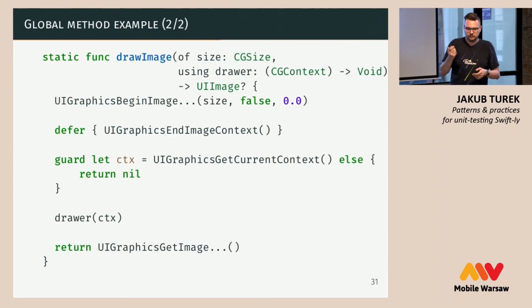To implement that helper, you need to resort to a lot of global UIKit methods, which are this and this and this very long method name that I couldn't even fit in the slide inside. And those, you cannot do anything about that. You cannot stop it, because it is what UIKit provides you with. And you still want to somehow test that without modifying this code heavily. So what can you do?